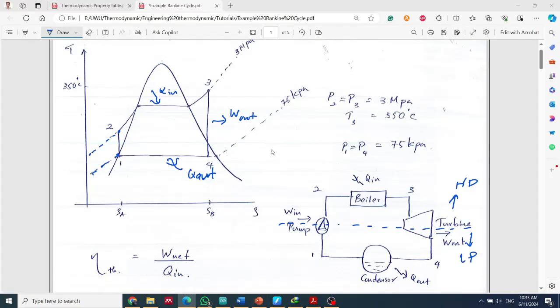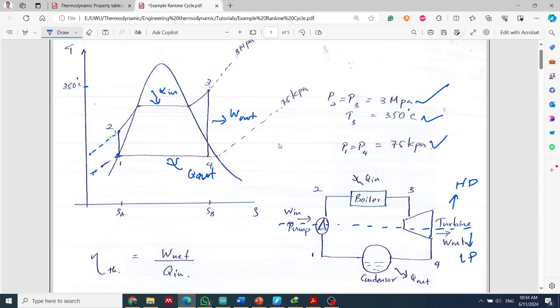Therefore P2 equals P3 equals 3 megapascal, and T3 is 350 Celsius. The condenser pressure is 75 kilopascal, therefore P1 equals P4 equals 75 kilopascal. We can extract these from the question itself.